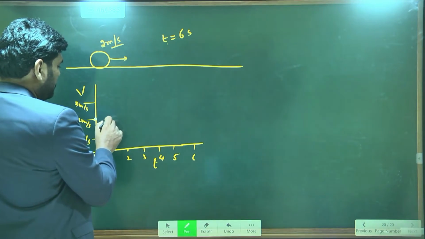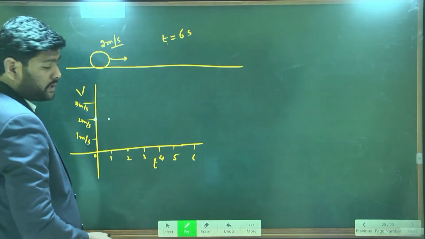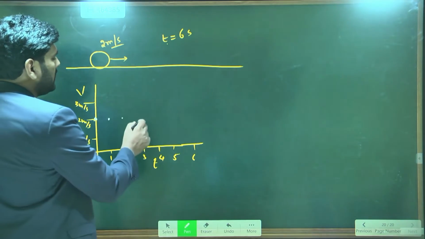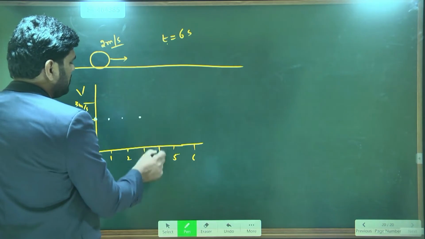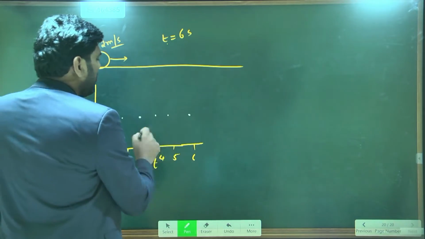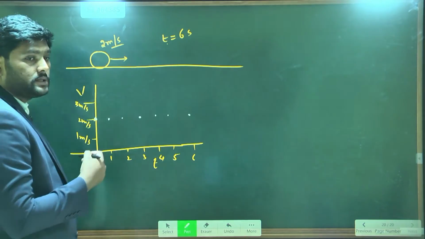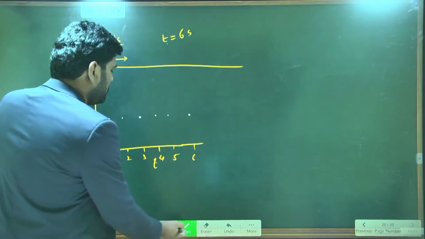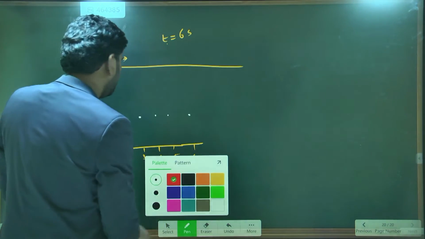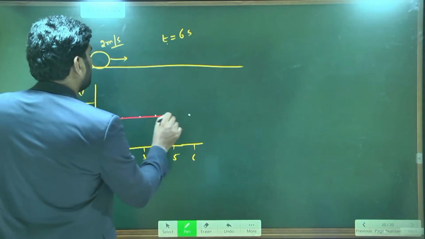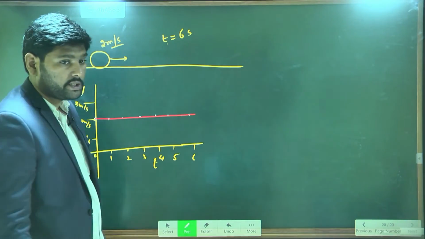At 1 second also it has 2 meters per second, at 2 seconds also, at 3 also, at 4, 5 and 6. At all instants how much speed does it have? 2 meters per second. If you join all these points, you will get a straight line.